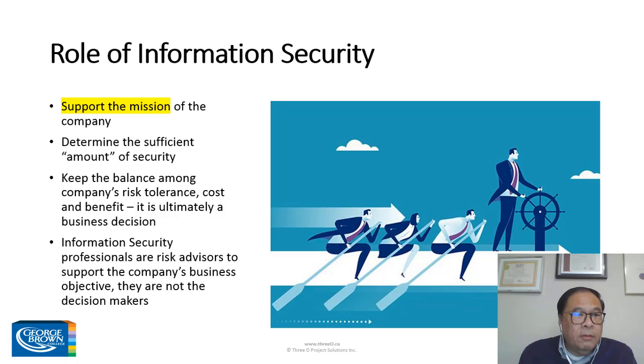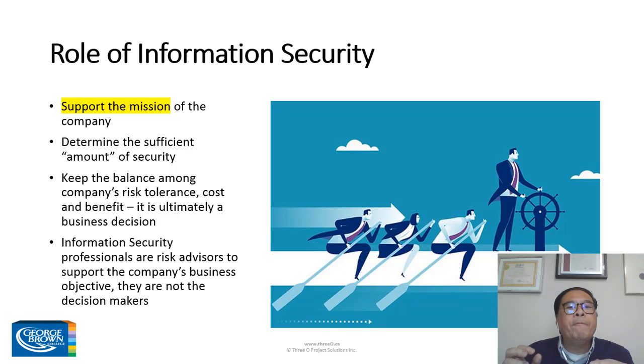If the company has a goal to make profit, that's what we support the company to do. As a result, there is a fine line between whether we are implementing a sufficient amount of security to protect the company's mission. Often I use this example: as an information security professional or an IT professional, we have this tendency to purchase and implement the latest, greatest, innovative technology, forgetting that what we're doing is actually to support the business.